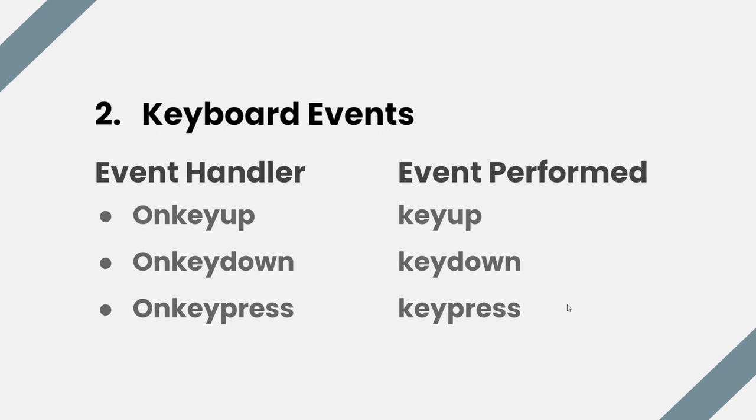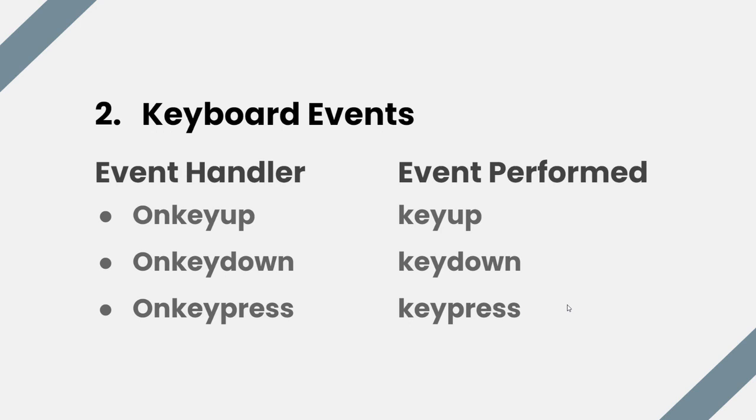So the opposite of this event is actually the onKeyDown, which is the next event handler. And so the onKeyDown here refers to when a user holds down a key on the keyboard. So it's something like pressing a key on the keyboard and not releasing your finger.